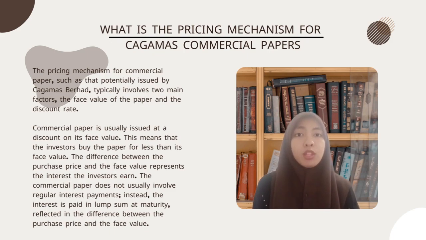The difference between the purchase price and the face value represents the interest the investor earns. Commercial paper does not usually involve regular interest payments. Instead, the interest is paid in a lump sum at maturity, reflected in the difference between the purchase price and the face value.